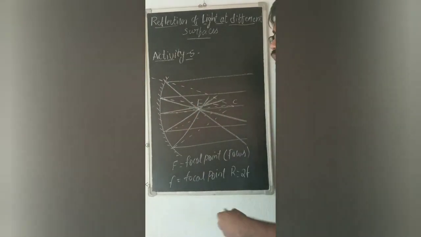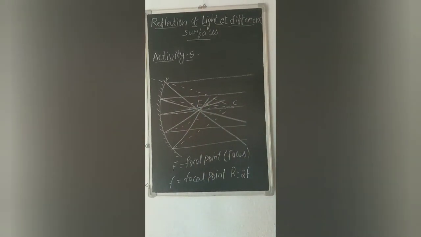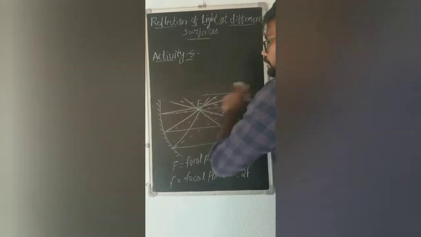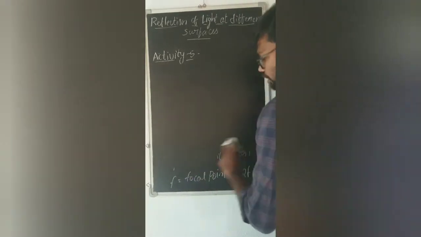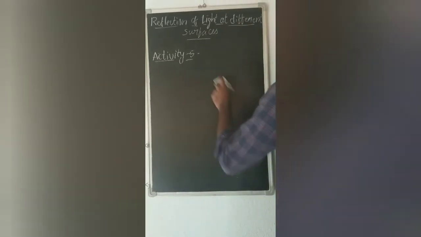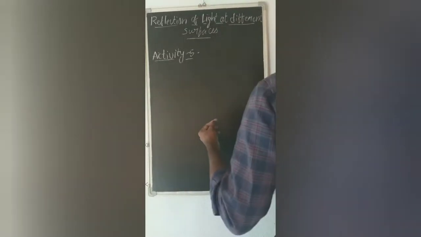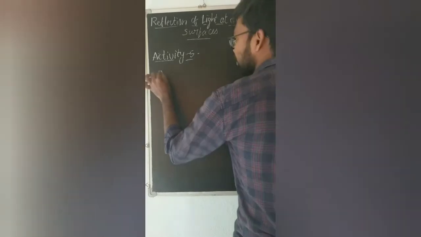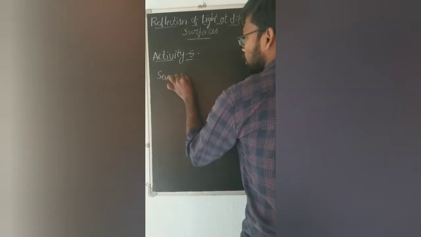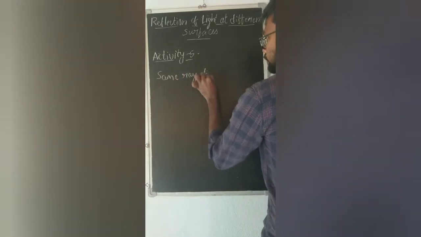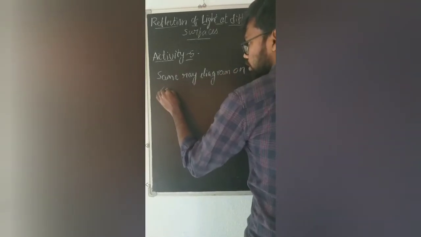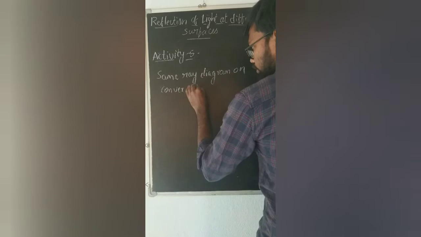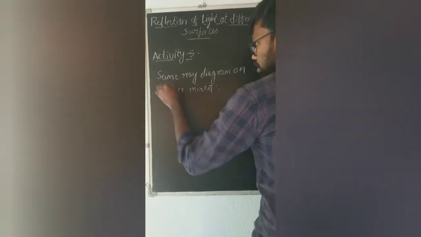Now, this was the concave mirror. Let's draw the ray diagram for a convex mirror placed in sunlight, in this same activity: how will the sunlight rays be reflected back by the convex mirror?